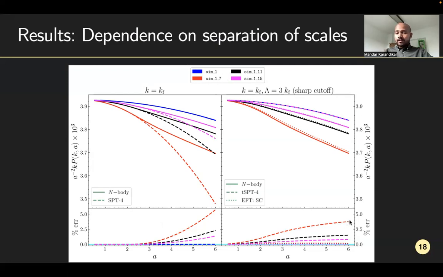This introduces an error of, let's say, 4% or so for Sim17, for instance, and smaller errors if you increase the separation. And in each case, EFT makes very accurate predictions, and it doesn't matter what the separation is, the error is a fraction of a percent or so. And so we've shown that the predictions that the EFT makes are not only accurate at a specific separation, but also robust to changes in separation of scales.